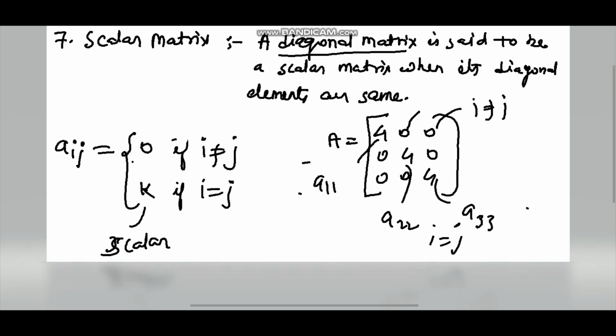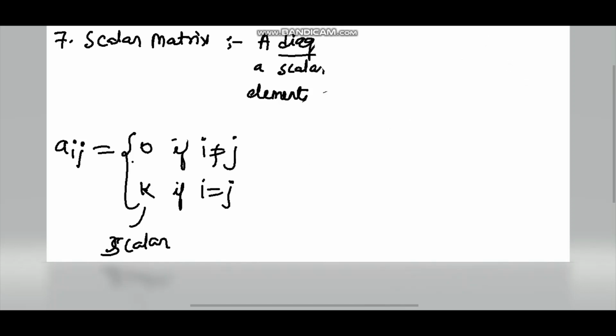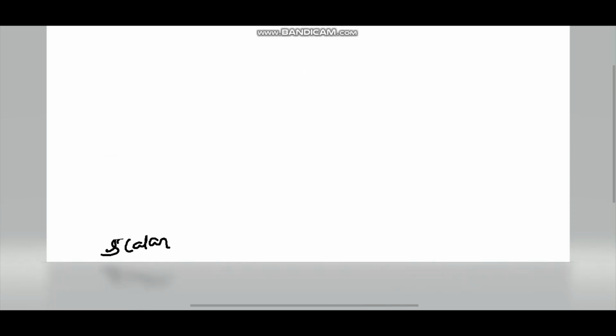Now we will move on to another type of matrix, that is the unit or identity matrix.